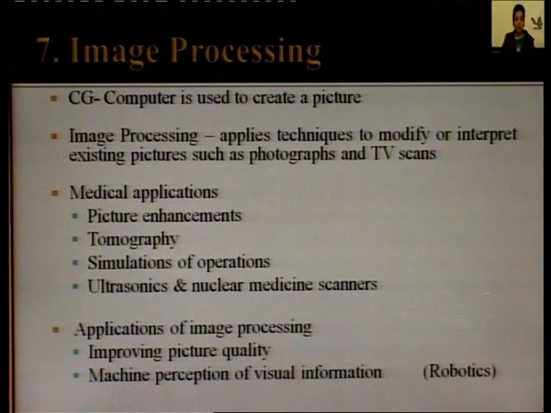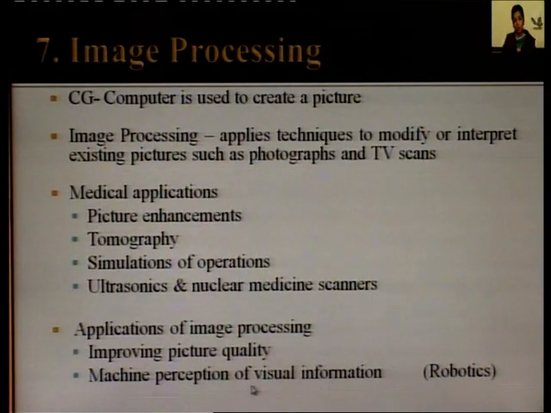Image processing applies techniques to modify or interpret existing pictures such as photographs and TV scans. Medical applications include picture enhancement, tomography, simulation of operations, ultrasonic and nuclear medicine scanners. An application of image processing is improving picture quality, which also deals with graphic systems.